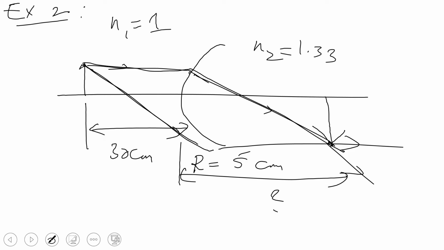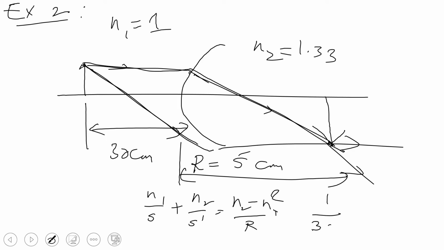So again, we use our formula. Our formula is n1 by s plus n2 by s prime is equal to n2 minus n1 by r, correct? Here n1 is 1, so we have 1 divided by s, which is 30.